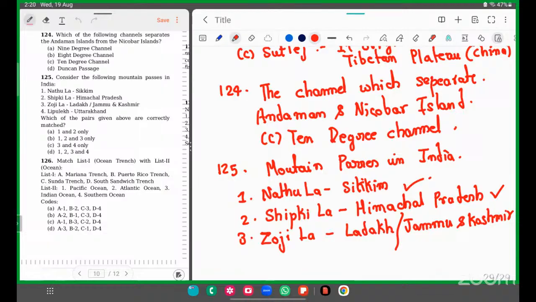And fourth, Lipulekh, which is there in Uttarakhand. So all four are correct. So answer D will be the answer.